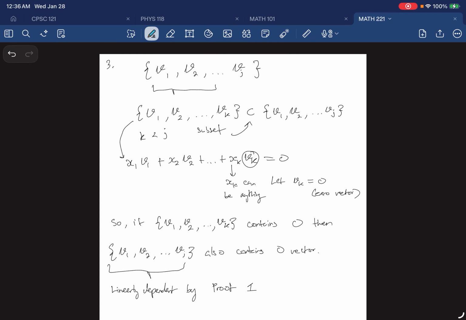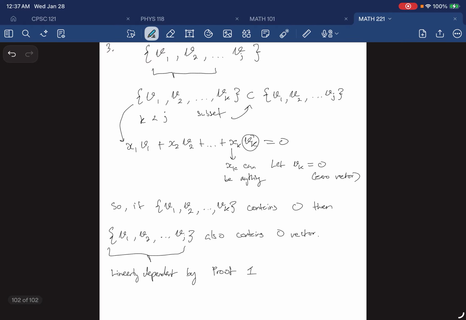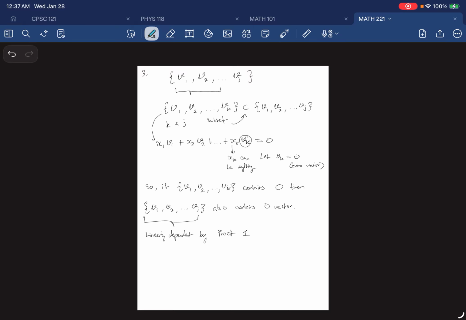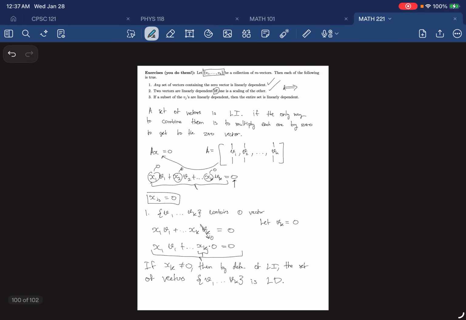Since we showed that this subset is linearly dependent by including the 0 vector, and the subset is part of this overarching set, then the zero vector is also part of this overarching set, which means that by the same logic, the big set is going to be linearly dependent because it contains a zero vector, right? So that's the proof number 3. Check mark. All right, that's it. Thank you for listening.